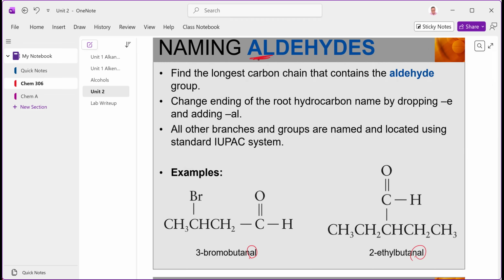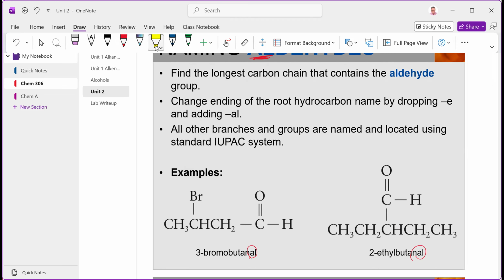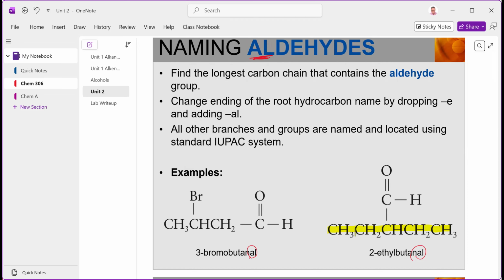Now let's look at this one a little more closely. Is that the backbone? It's not the backbone. Why is it not the backbone?